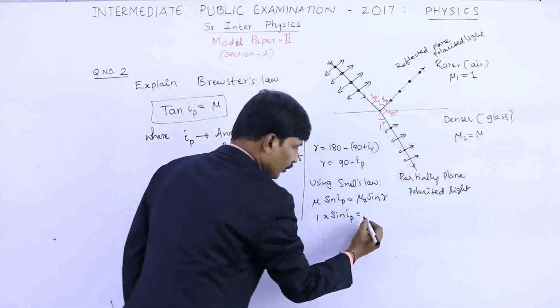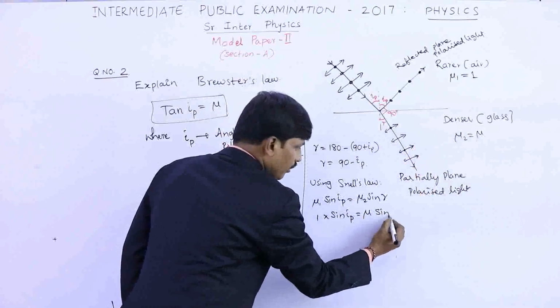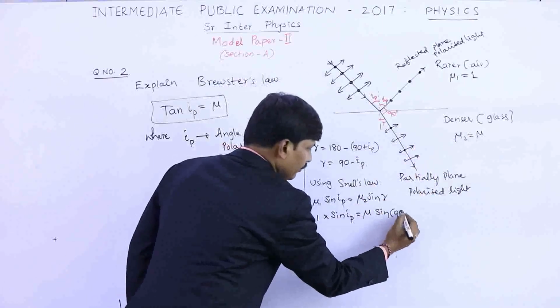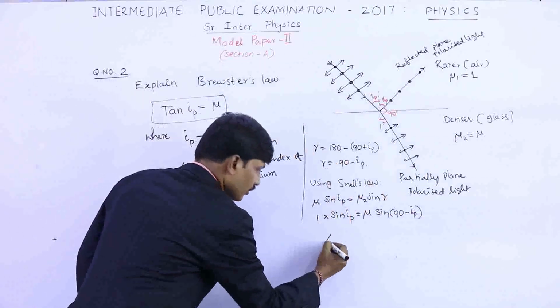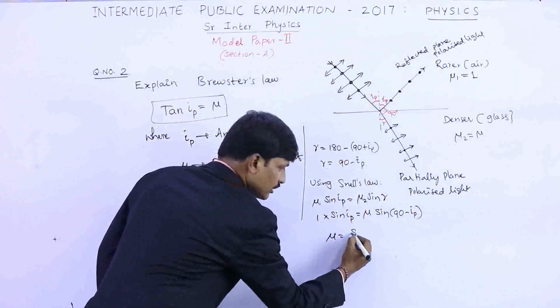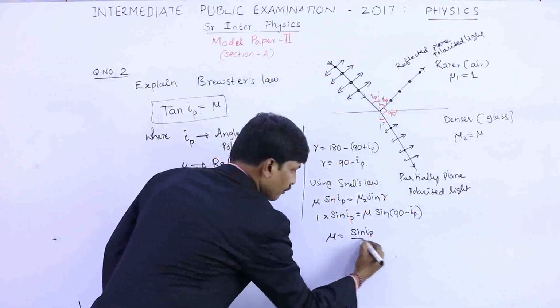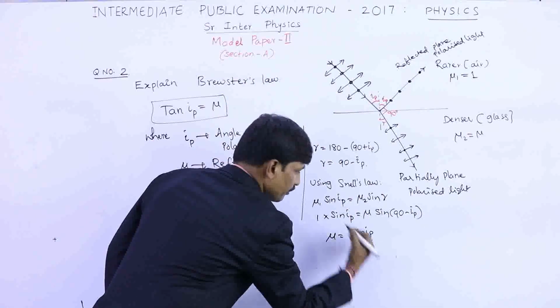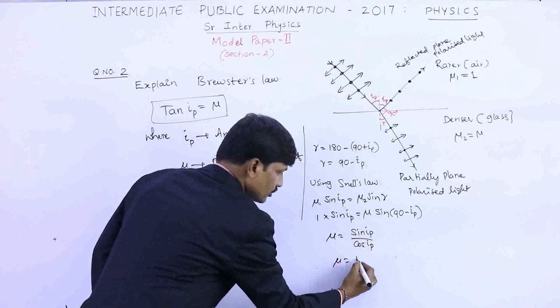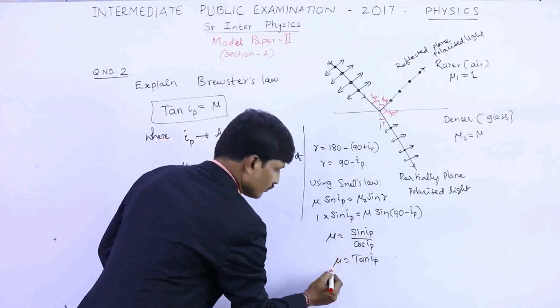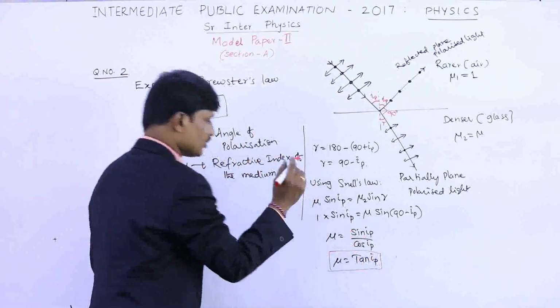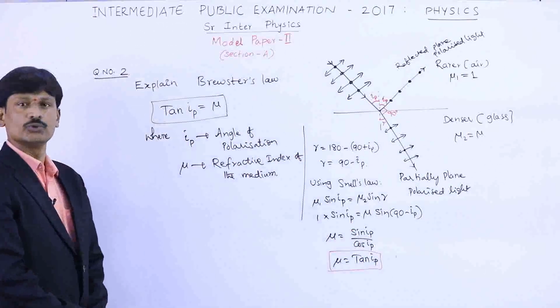Mu2 means mu, sin R means sin of 90 minus IP. From this, mu equals sin IP by cos IP. This is nothing but mu equals tan IP. This formula is called Brewster's law.